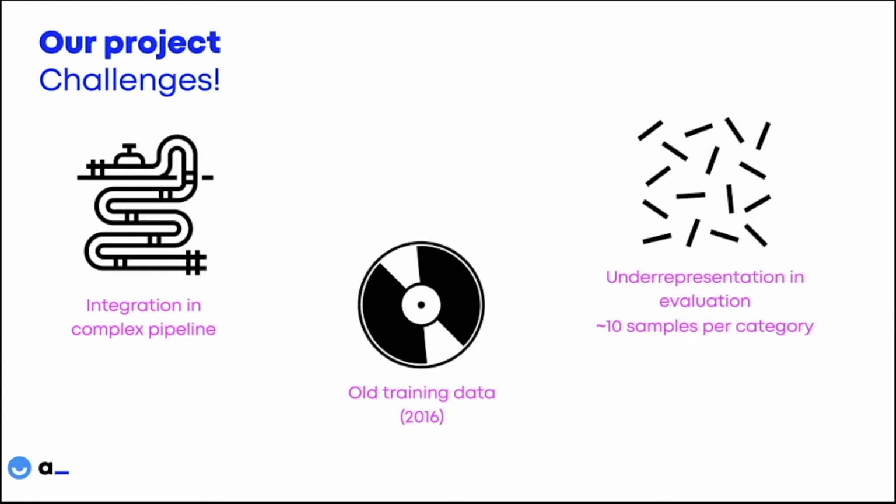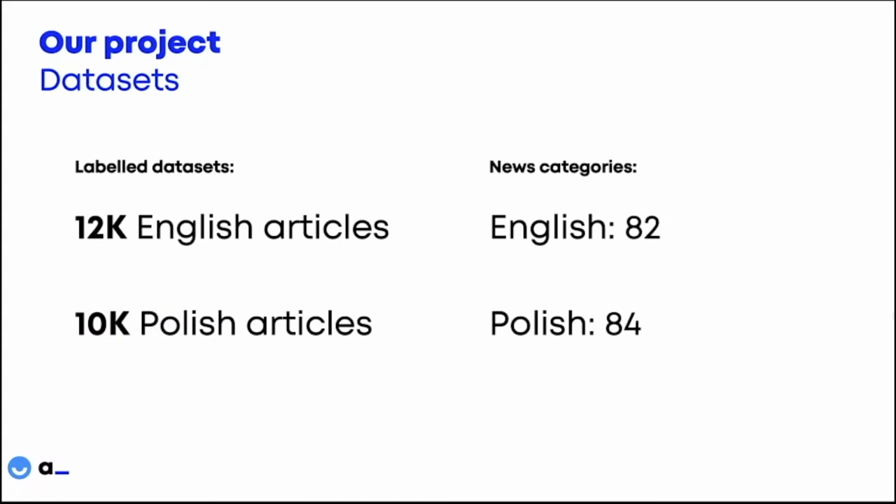But at the same time, this evaluation set is used in the current system and is our only common point with the current system. So if we wanted to compare our performance with the old classifier performance, we had to use this particular data set. For the first iteration, we decided to focus on two languages, English in the UK market and Polish.